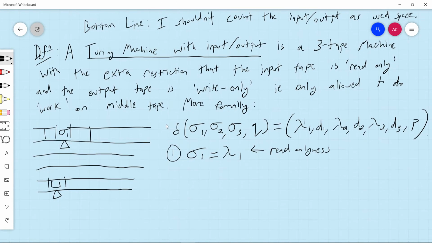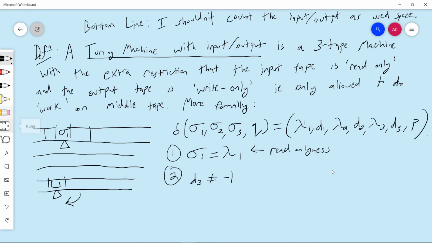And 2, I need the output tape to be write-only. How do I make sure that the output tape is write-only? That's going to have to do with the direction. This d3 right here: if I make sure that d3 is never -1, then I essentially can't move backwards. I can't read what I've written. I can only move forwards.